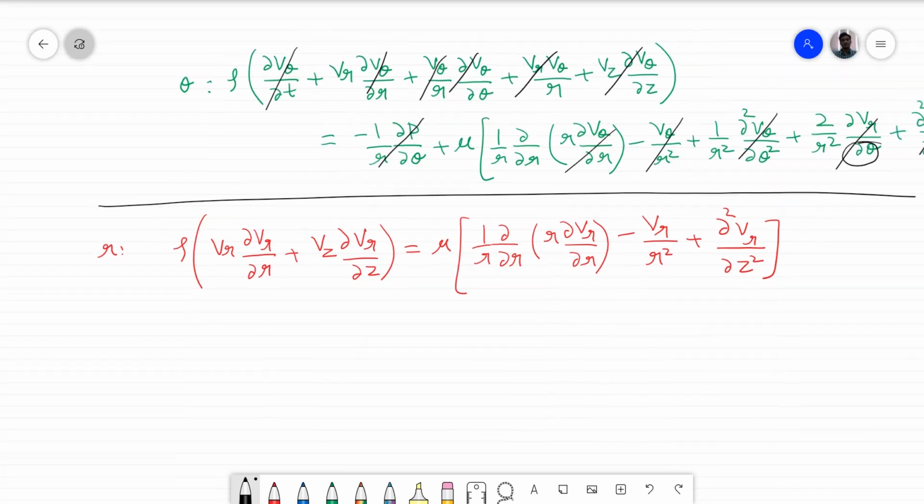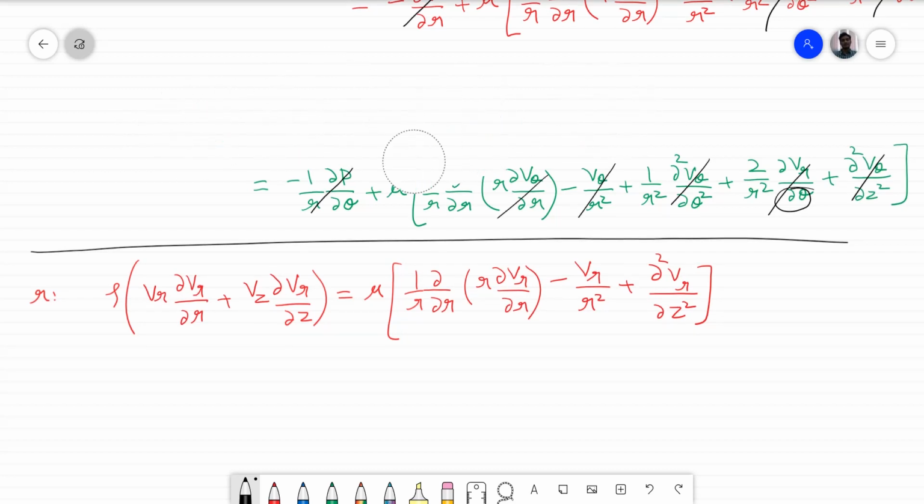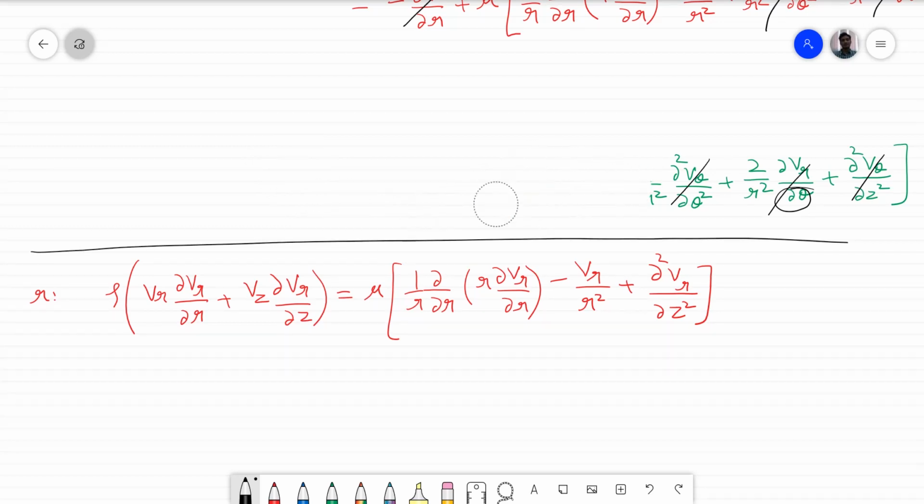Now instead of that, let us write the z equation. I'll write it instead of this theta. I'll erase the theta equation from here, to make space for the z equation.